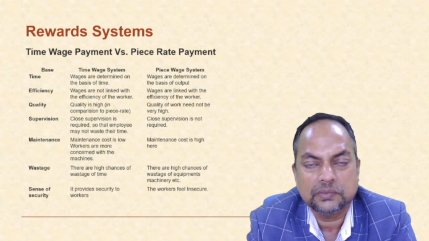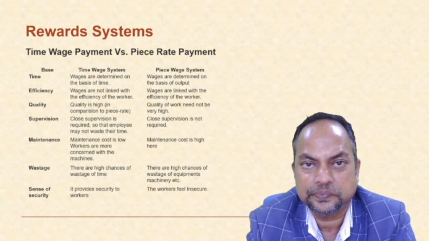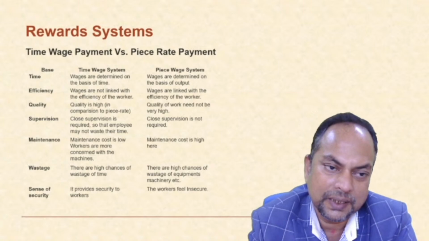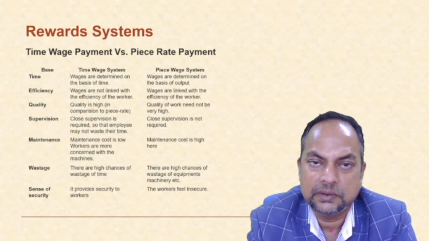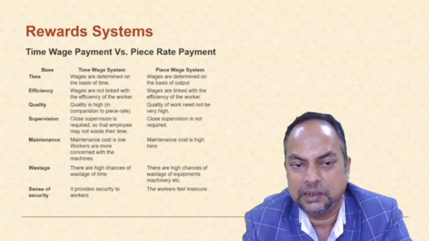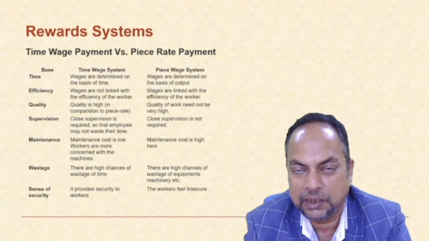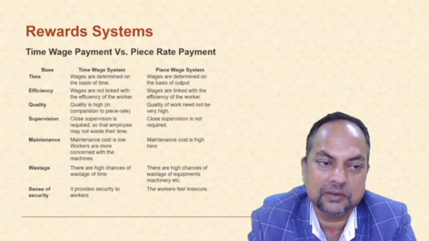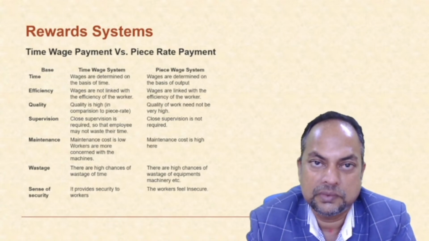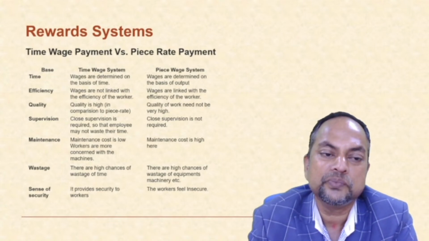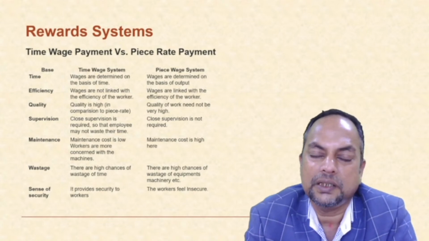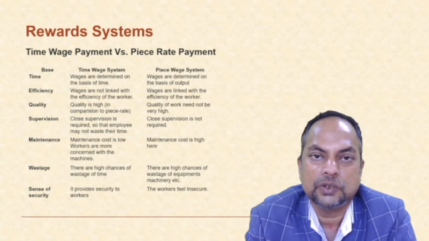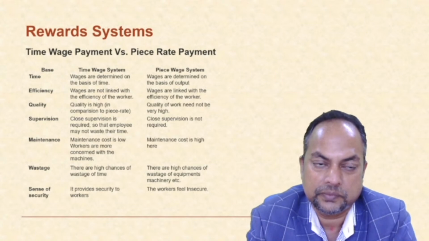So quality, time rate system, quality will be high, right, as compared to the piece rate system. And in piece rate system, the quality may be deteriorated than that of the time-based system. In a sense, people will not have a hurry to complete a particular task.